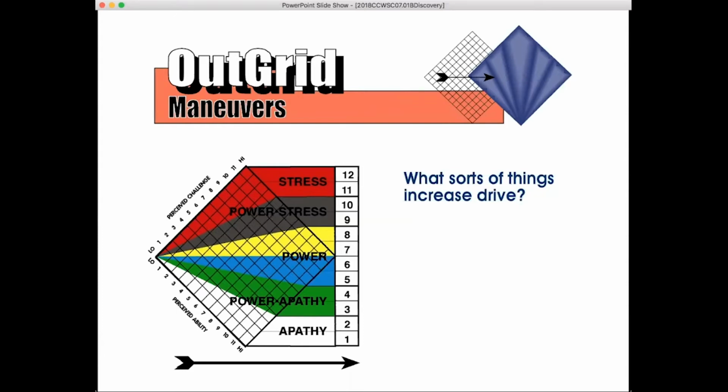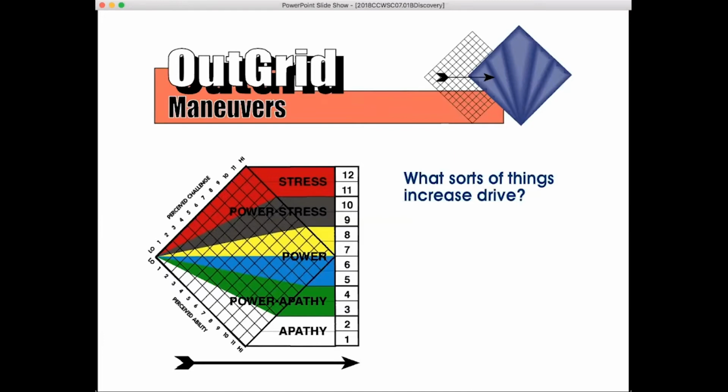So they're just driving all through. You could review the energies to really revisit what I'm describing here, but their focus on other people starts to be replaced by more of a focus on the desired outcome, more of a task orientation. And so more and more outgrid, outgrid, outgrid.